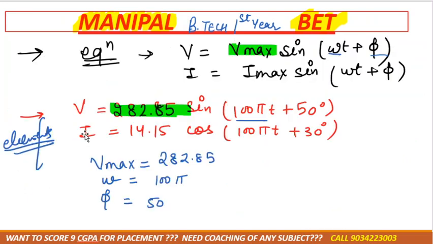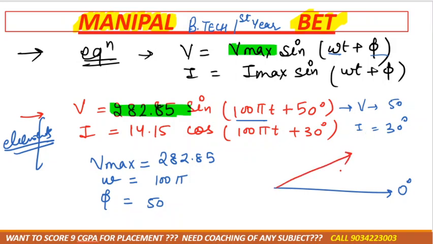Now back to the question. Here they have given the voltage angle is 50 degree and current angle is 30 degree, right? If I draw 0 degree, current angle of 30 degree is something like here, right? And voltage angle of 50 degree is like here, right?